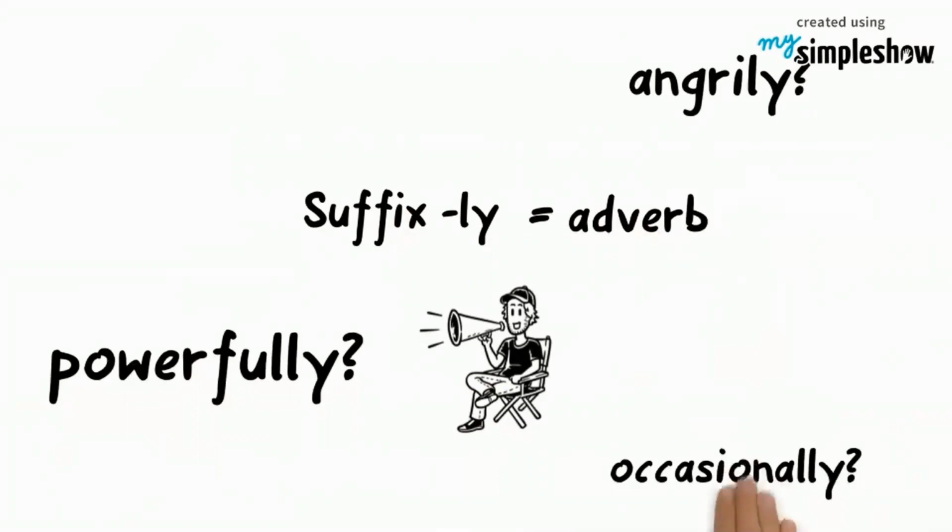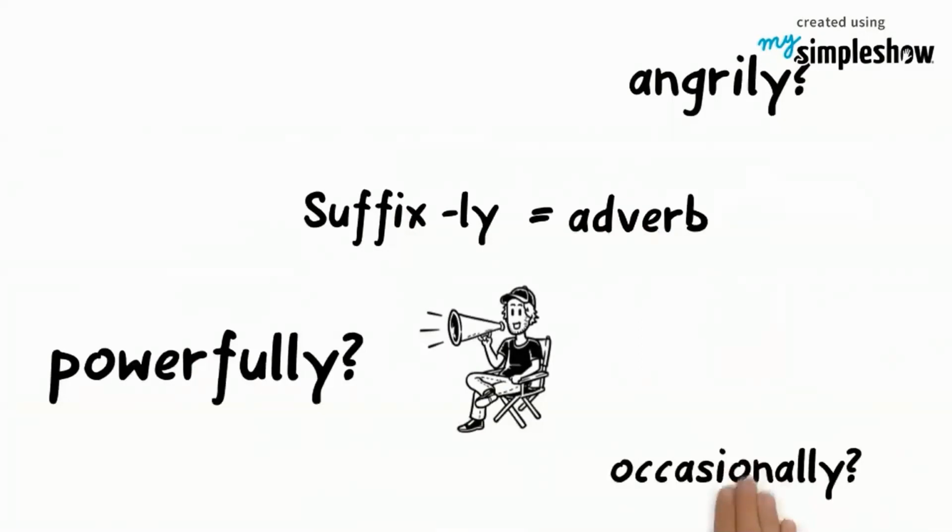You have to act it out angrily. Next one. You have the word powerfully. Now, the root word for powerfully is powerful. Add the suffix ly, and the adjective powerful becomes an adverb. So you have to deliver your lines powerfully, right?